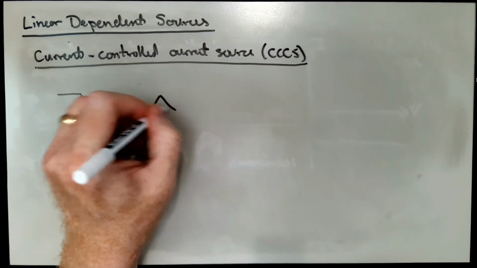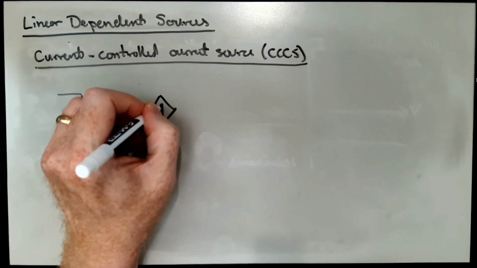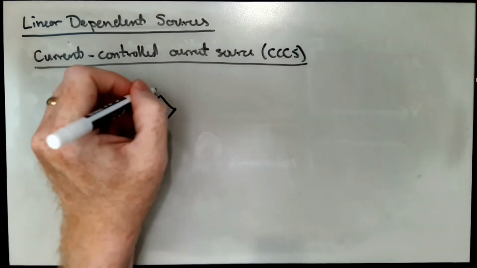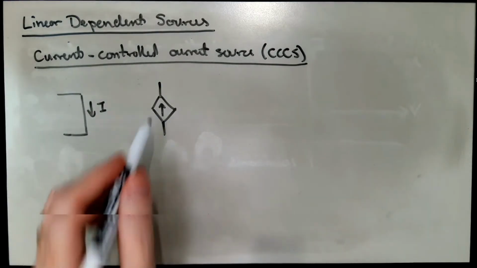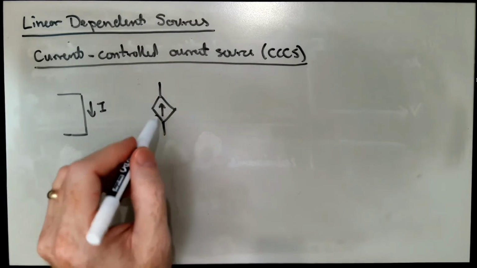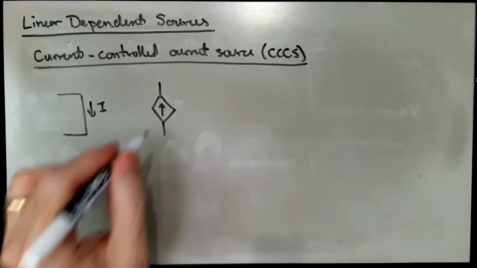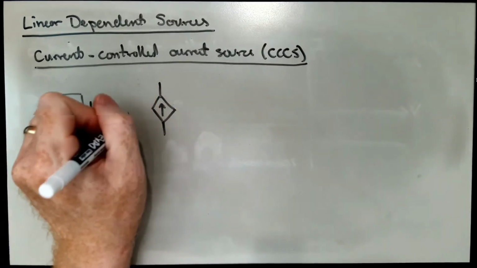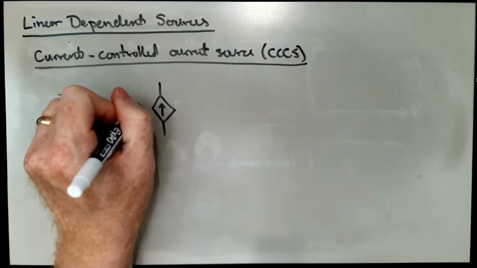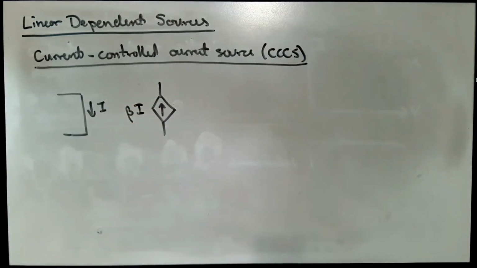And over here, we have our dependent current source, which again has a symbol denoted by a diamond to indicate it's dependent, and it's got an arrow that indicates the direction the current is flowing. And this will have some beta times I as the source value.